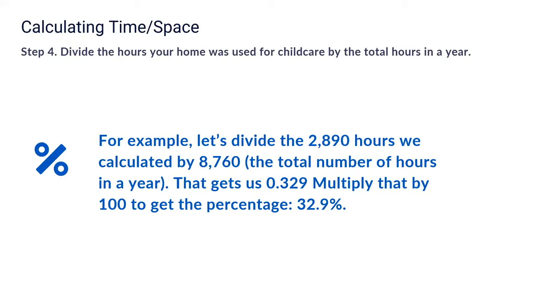That gets us 0.329. We'll multiply that decimal by 100 to get the percentage, which is 32.9%. So that is the percentage of time that your home was used for childcare by the total hours in a year.